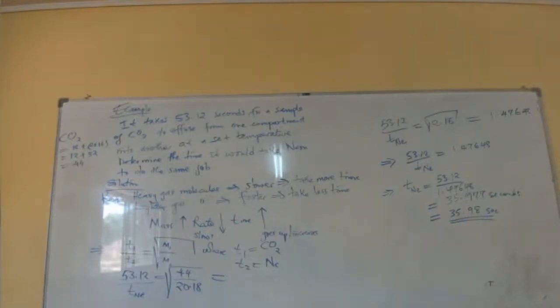Carbon dioxide, which has a larger mass of 44 grams per mole, takes more time, which is 53.12 seconds, to cover the same distance compared to neon.